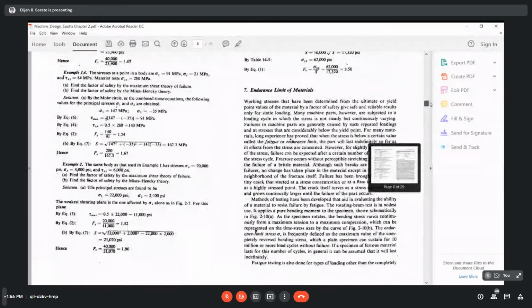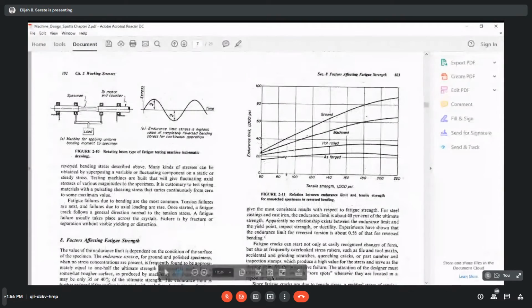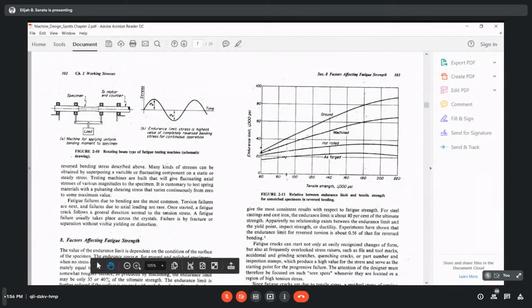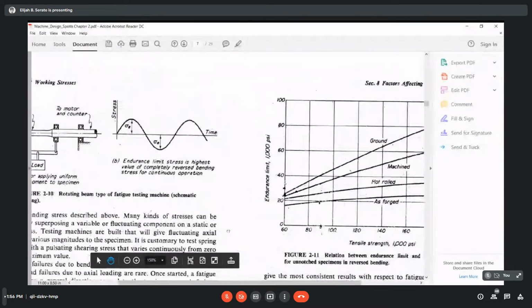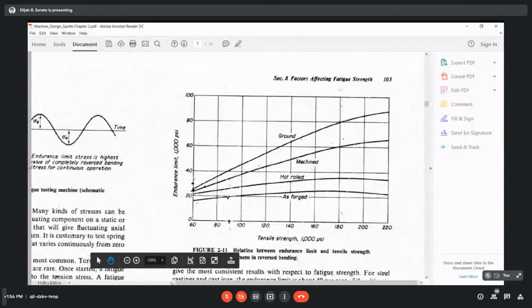Okay. Here. This is figure 2-11. Can you see what I'm sharing?